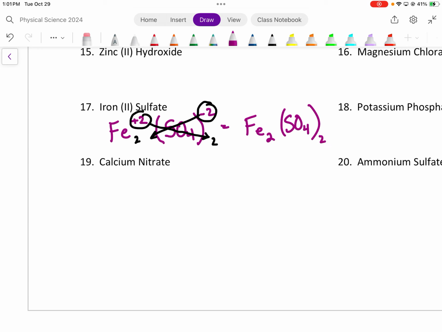Last item, when the subscripts are the same like this, a 2 and a 2, just like in math class, we can simplify those down. A 2 divided by 2 becomes a 1, and so I can eliminate those 2, and we just need 1 of each. And there's our correct formula.